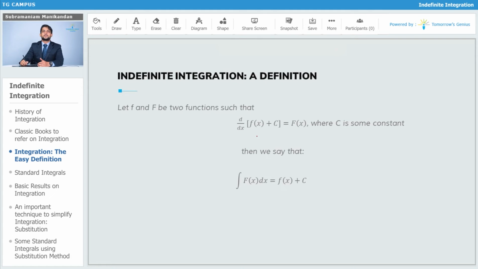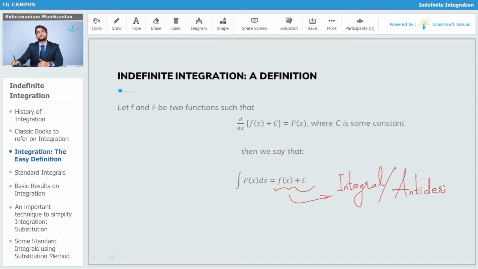So therefore we say that this is the integral or the antiderivative of f(x) with respect to x.